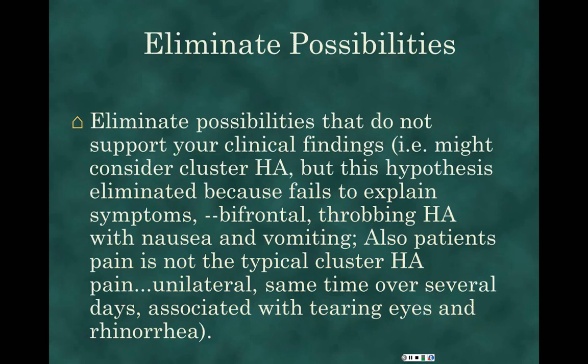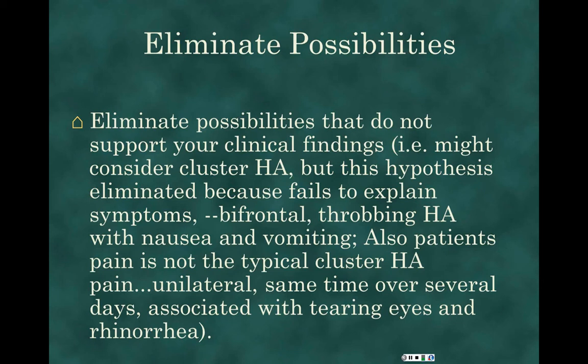We eliminate the possibilities that don't support your clinical findings. So, for instance, one of your differential diagnoses for headache might be cluster headaches, but this hypothesis should be eliminated because it fails to explain the symptoms: bifrontal throbbing headaches with nausea and vomiting.